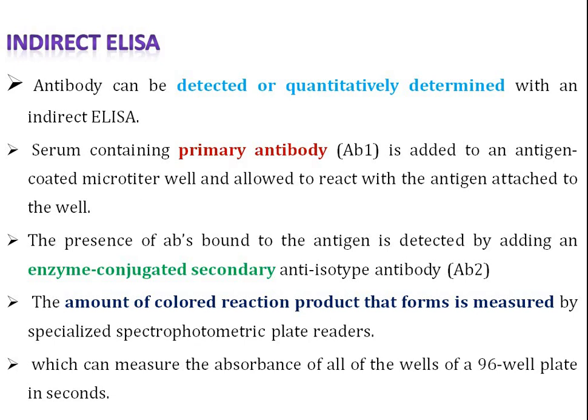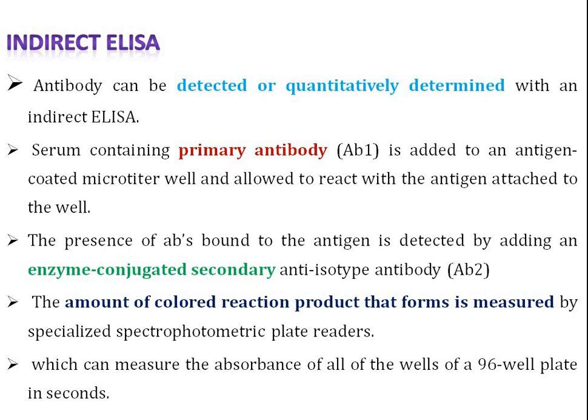The suspected antigen is previously loaded on the microtiter plate, or ELISA plate. Then the patient serum containing antibody is added to the same antigen coated well, and a specific antigen antibody reaction develops.